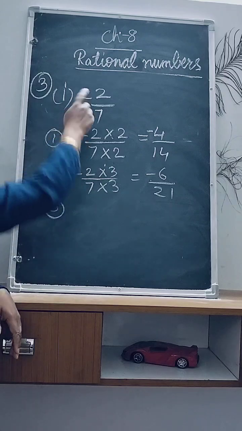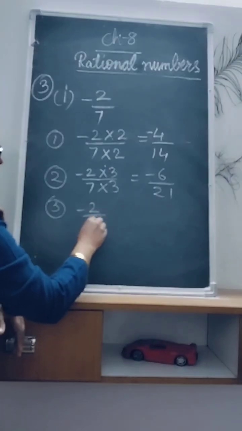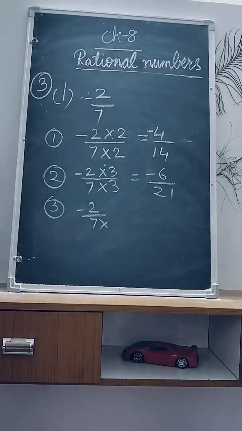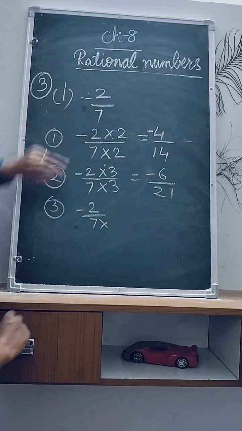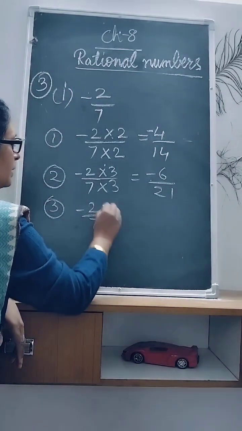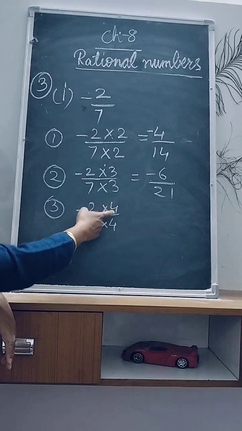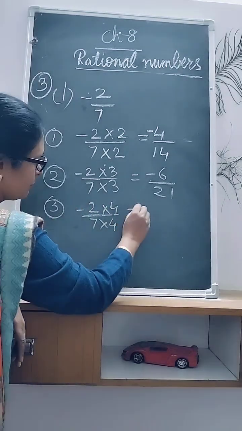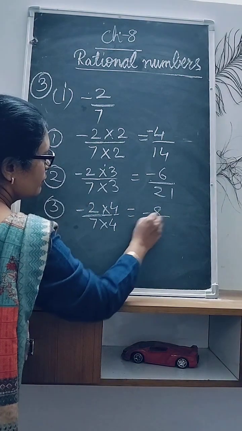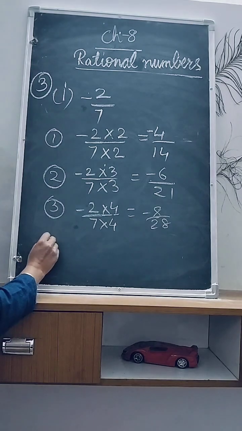The third rational number would be the same, because we have to find the equivalent rational numbers of this rational number minus 2 by 7. Only we are going to take the numeral different, but the rational number would be the same. So we got this one.